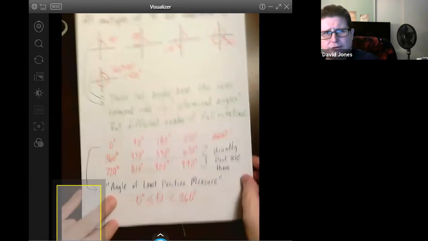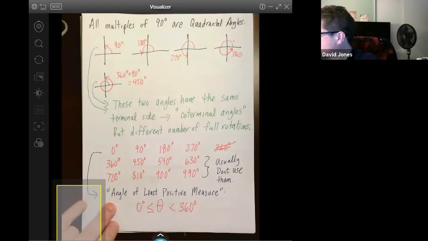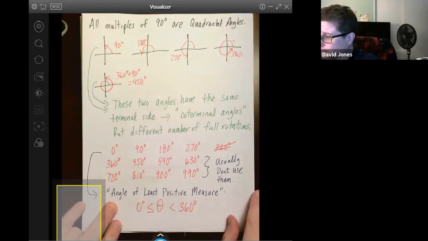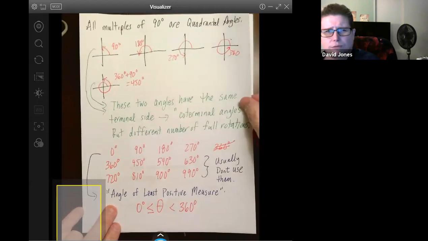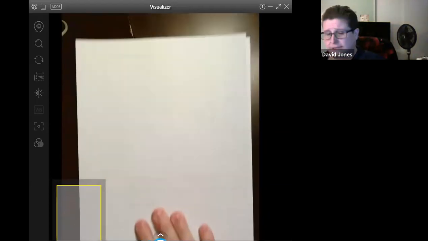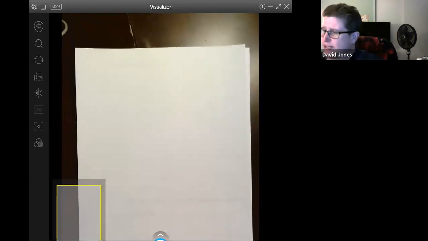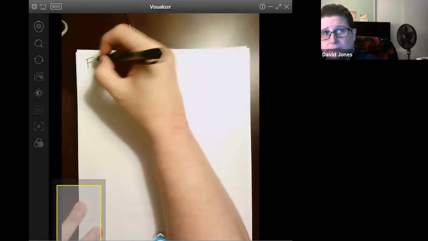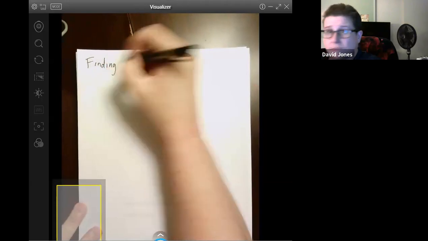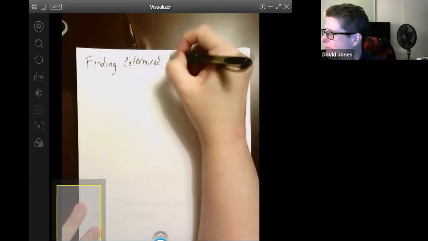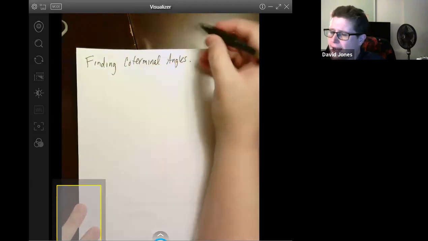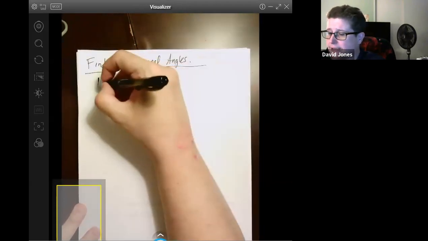Okay, I'll pause right here, let you finish writing. We are almost done with this section. So these coterminal angles, let's practice finding them. Finding coterminal angles is pretty easy.